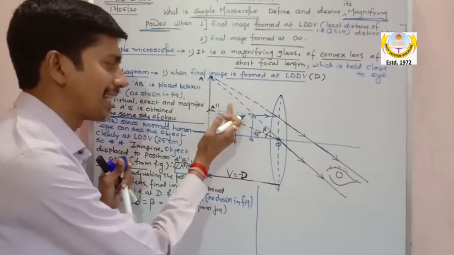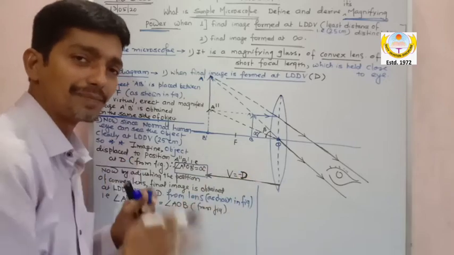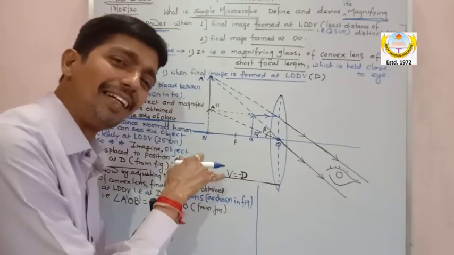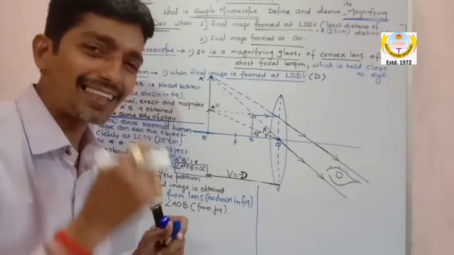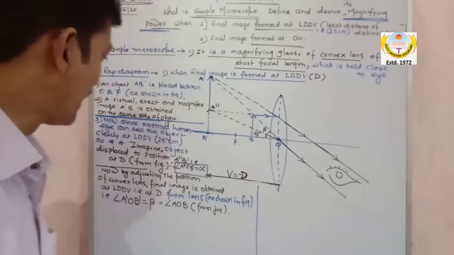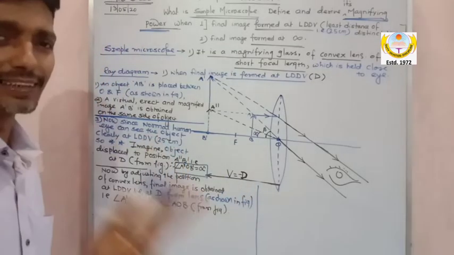So now it is very clear in my figure that the angle alpha is subtended by the object, which, in imagination, I shifted to LDDV. And our image is obtained also at LDDV. That's a magnifying glass. So, my dear, this is the important concept here.